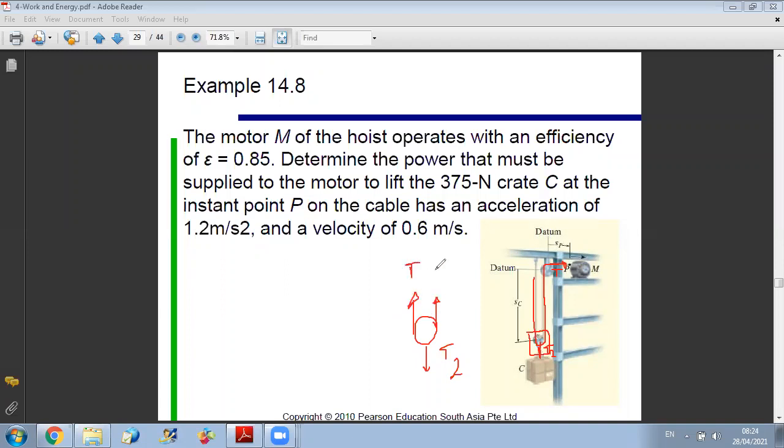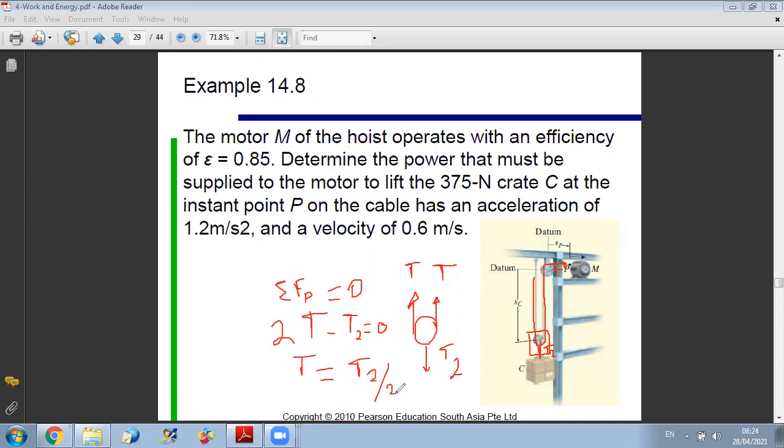So this is T and this is T. And since my pulley is massless, I can write that the sum of forces on my pulley is equal to 0. So 2T minus T2 equals 0. And therefore, I can say that T is equal to T2 over 2. Okay? So T is equal to T2 over 2.